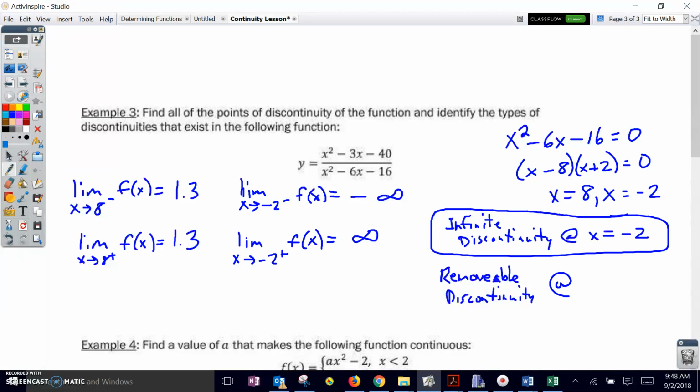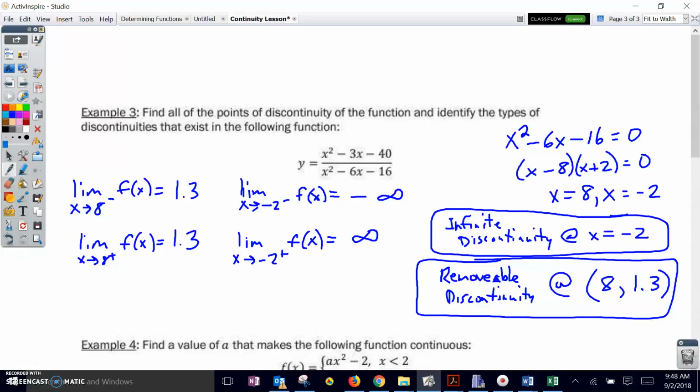And when we have removable discontinuities, they actually exist at points. And in this case, it's the point 8, comma, oh no, what's the y coordinate? Well, it's the value of that limit that we found. And so there's a removable discontinuity at 8, comma 1.3.